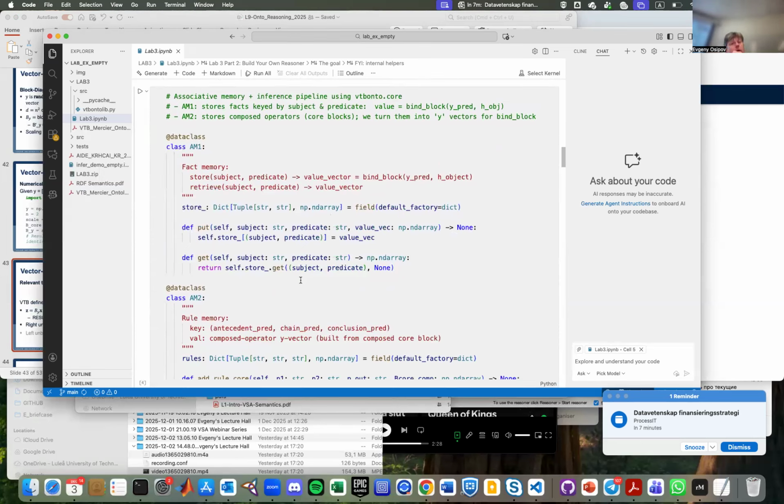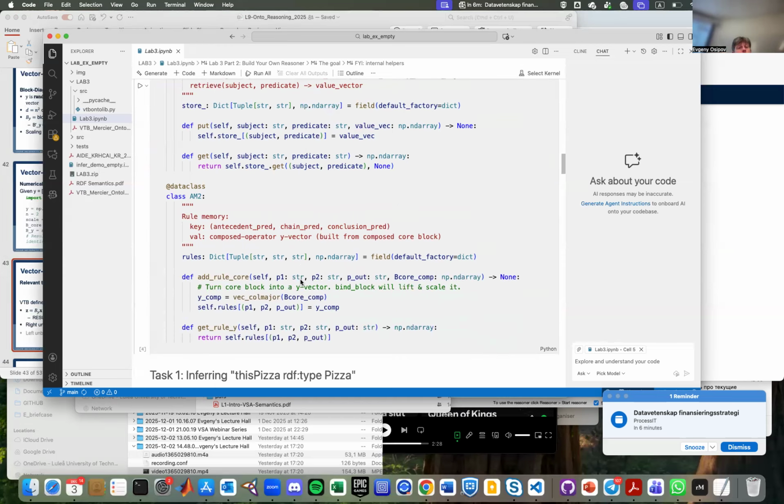One for assertions, or facts, and another one which encodes entailment rules. So associative memory 1 will be for facts, and associative memory 2 will be for entailment rules.